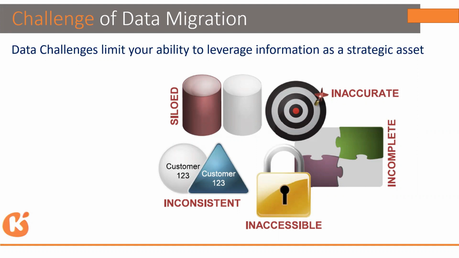So data challenges make us take a strategic approach to handle situations where data is not accessible, inconsistent, inaccurate or incomplete. What strategy do we need to make, and what rules can we apply in BODS to avoid these problems?